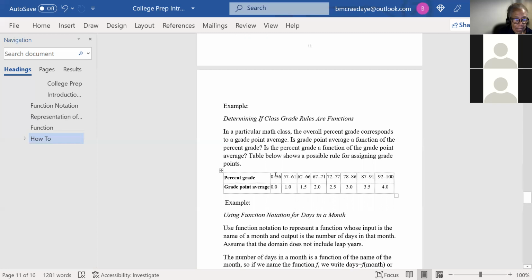The percent grade, which one is the input? You think the percent grade is input to the grade point average? No, it's the output. The percent grade is the output. And the grade point average is the input. So you say the grade point average determines your percent grade?